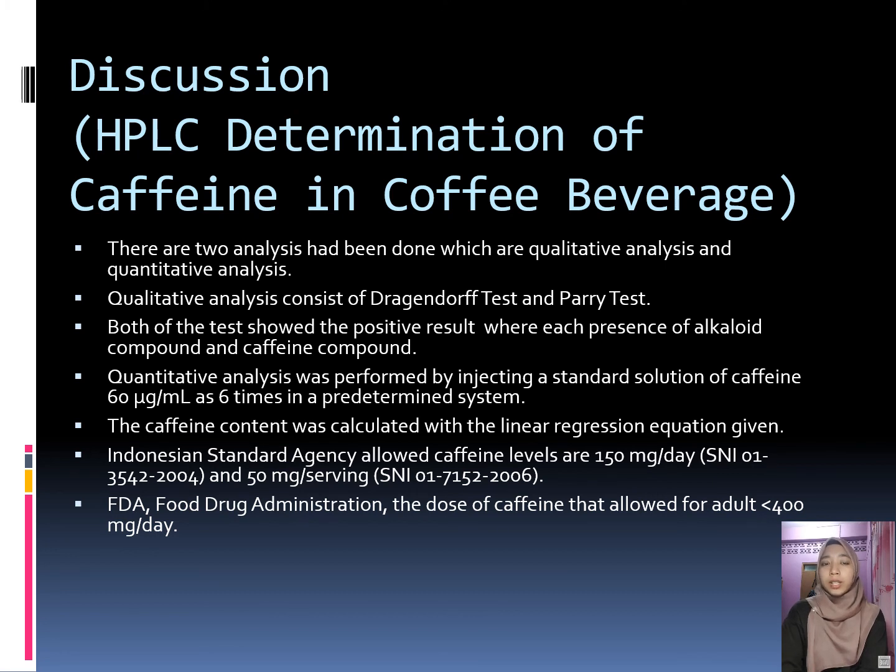The result of the experiment shows that the caffeine does not comply, where it should be 50 mg of caffeine in a sample, but the samples X, Y, Z obtained exceed the limit set by the Indonesian Standard Agency for one serving of coffee. However, based on caffeine levels and the FDA, it is within the standard.